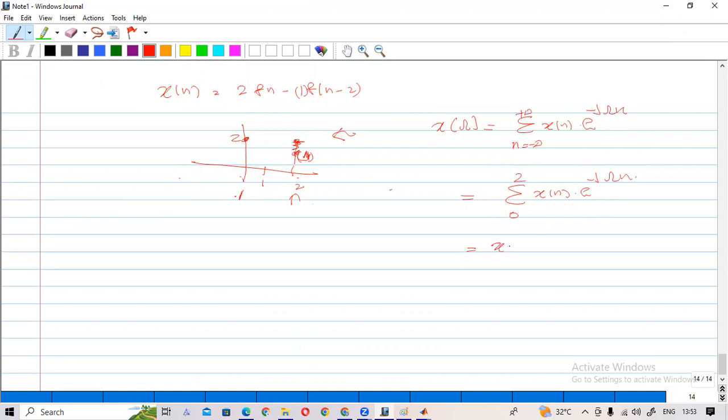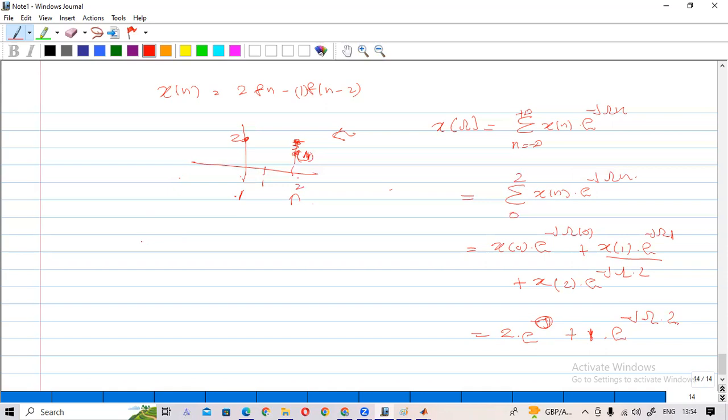So x[0] e to the power minus j omega 0, plus x[1] e to the power minus j omega 1, plus x[2] e to the power minus j omega 2. X[0] is 2, so 2 e to the power j omega 0 is 2, plus x[1] is 0, so this term will be 0, x[2] will be 1, e to the power minus j omega 2.